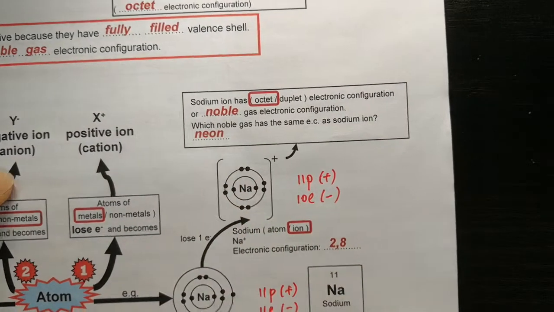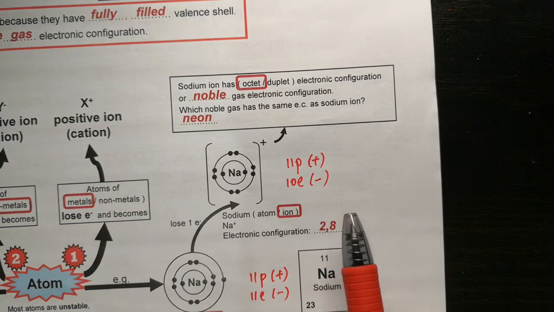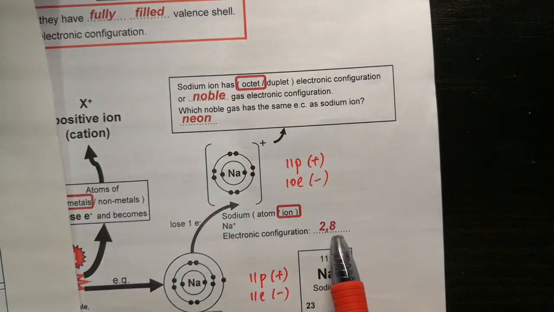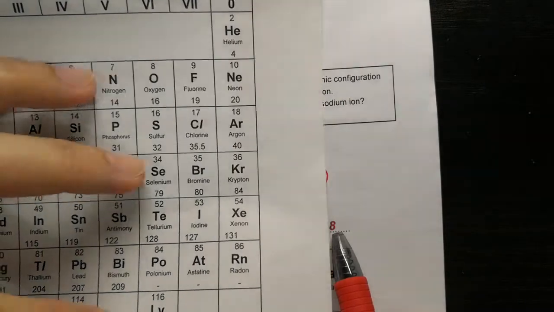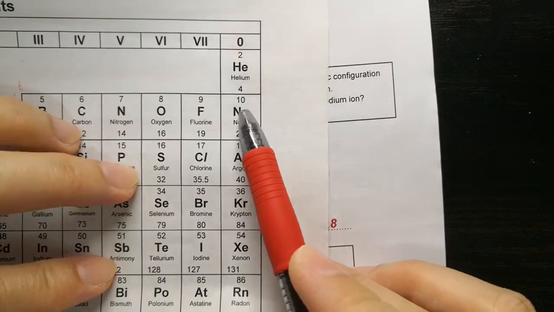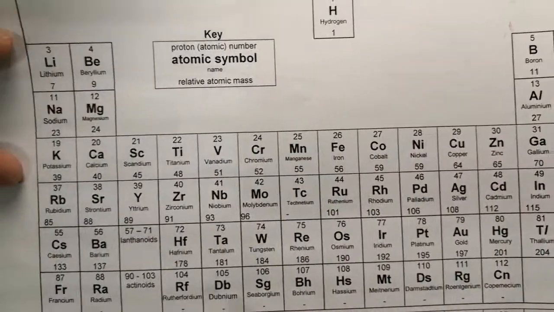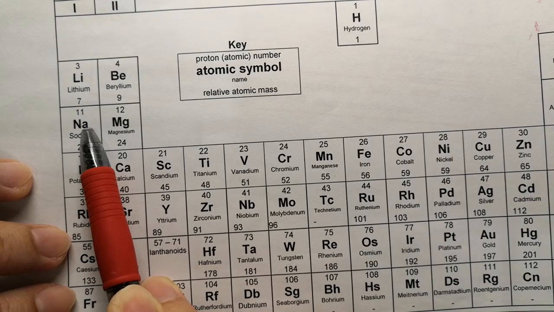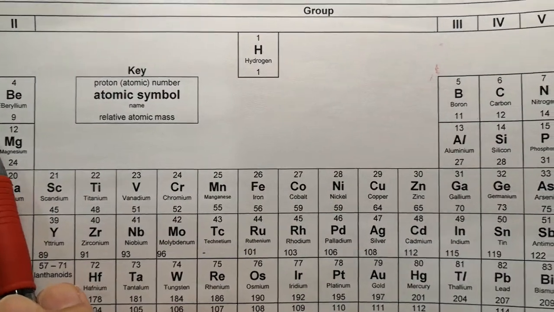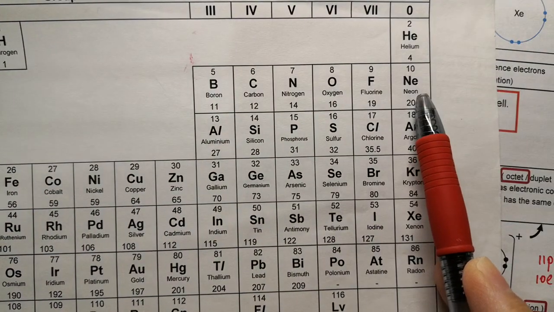Now why is it neon? Because the electronic configuration is 2,8. If you look at the periodic table, 2,8 means 2 plus 8, which is 10 electrons, which means the proton number is 10. Proton number 10 is neon. So when sodium becomes sodium ion, it achieves the noble gas electronic configuration of the previous noble gas, in the previous period.